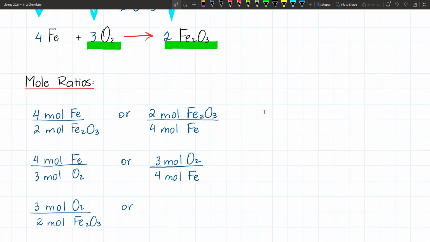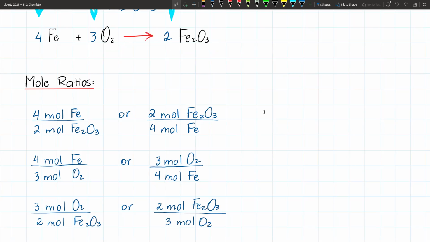Or flip it, and you're going to have 2 moles of the product you'll get after 3 moles of oxygen take part in the reaction. That's it.